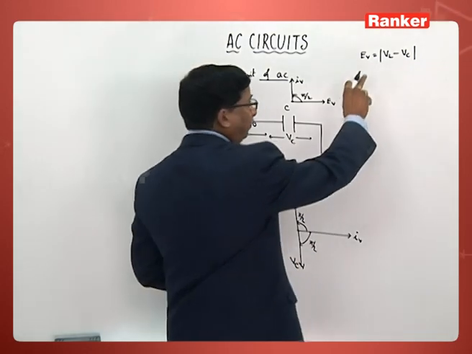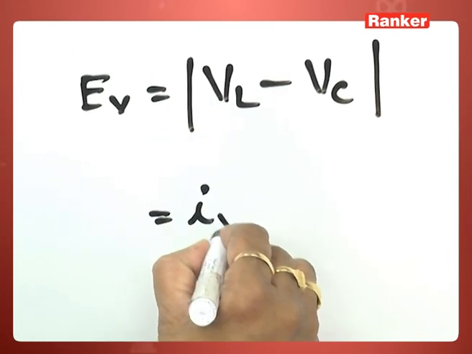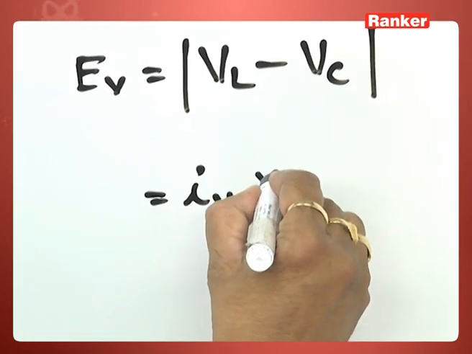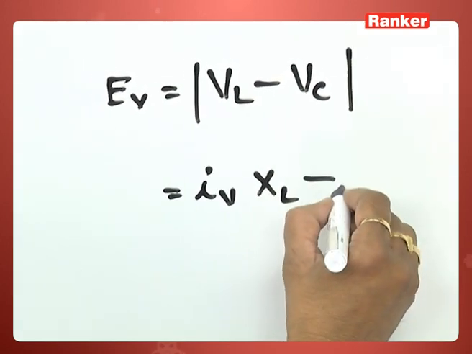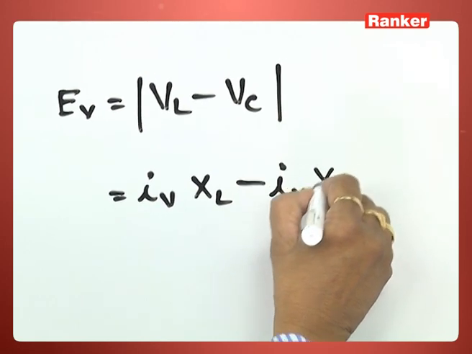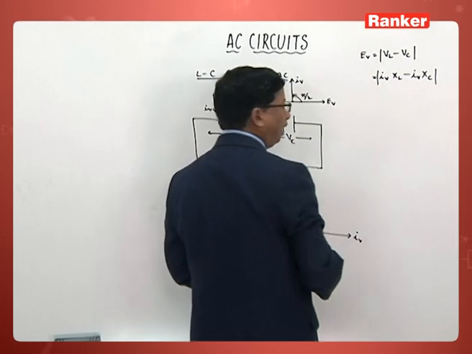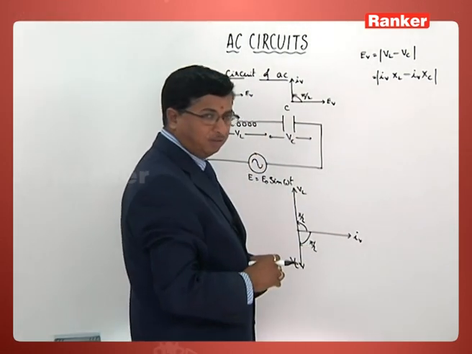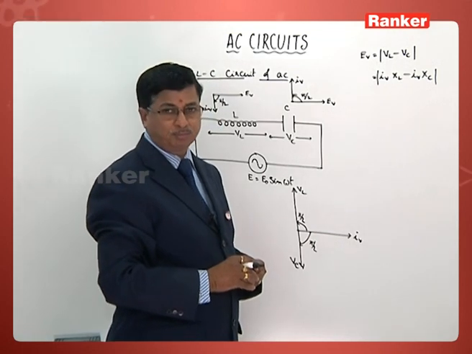So we can write the same this way: VL is nothing other than the virtual value of current into XL, minus Vc, that is also the virtual value of current into XC. One can understand XL as inductive reactance, XC as capacitive reactance.